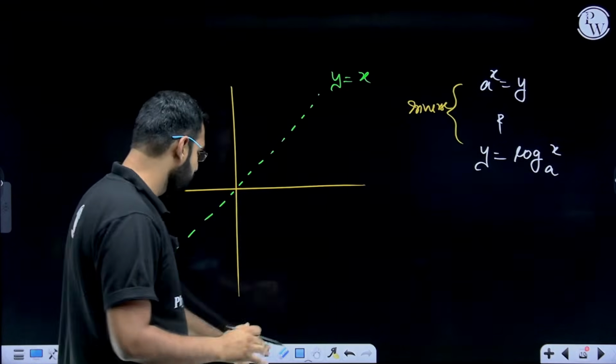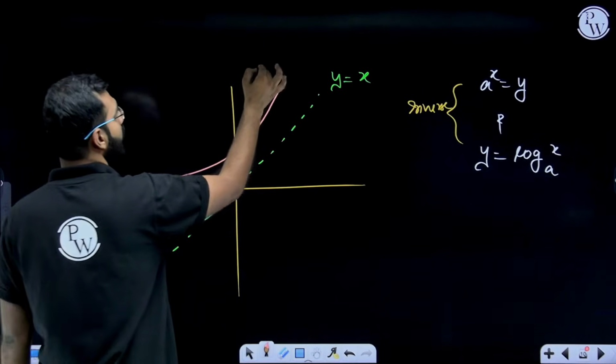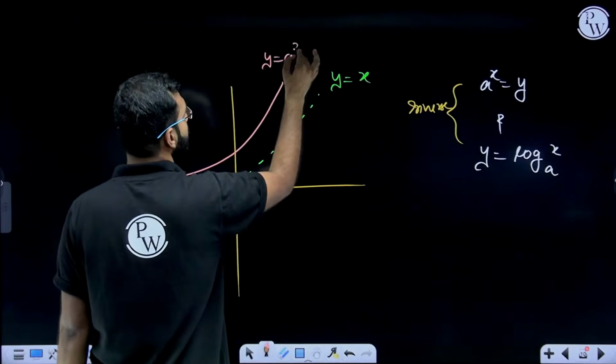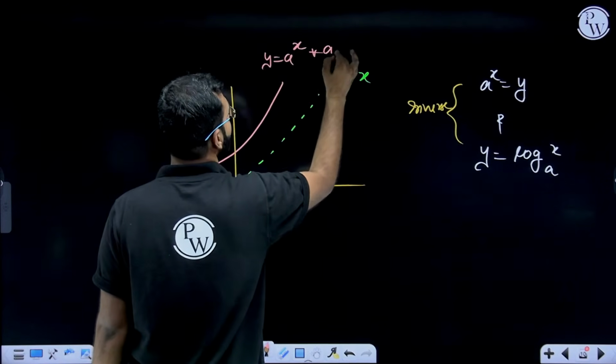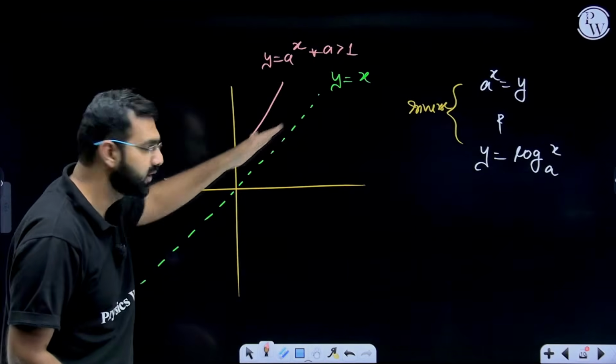What does it mean? Do you remember the graph of y equals a to the power x when a was greater than 1? Simply take the mirror image of this graph with respect to this line.